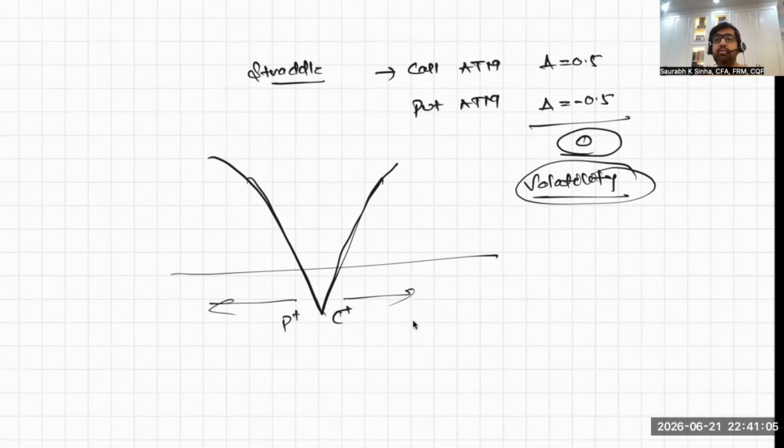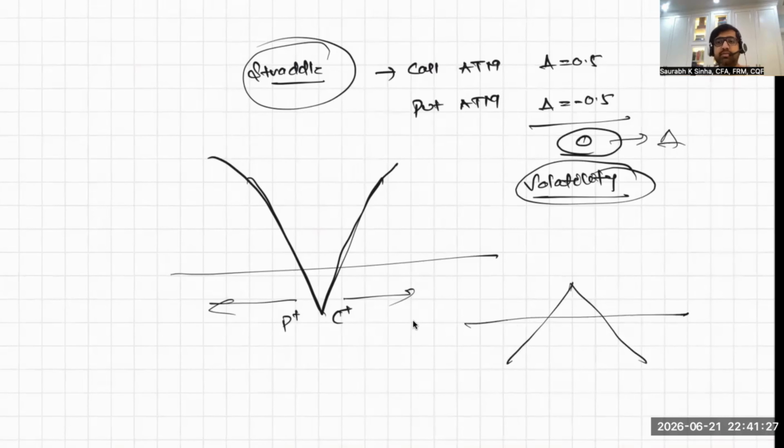So if you assume there would be high volatility, you buy a straddle, and a straddle always has delta equal to zero. If you assume the volatility is going to shrink, then you sell a straddle: you sell a call, sell a put, and enjoy the premium because volatility is very low and the underlying asset will not move.